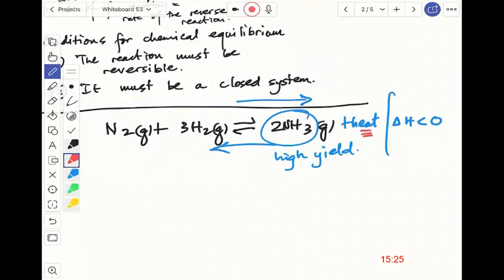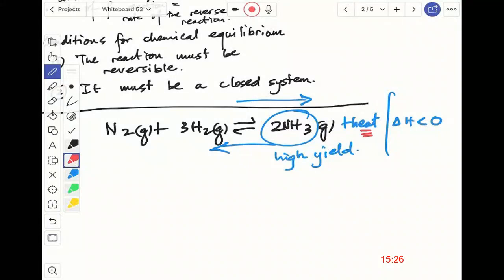And at a low temperature, I would have a low rate of reaction. So at a low temperature, for example, I would make a lot of ammonia because the forward reaction doesn't need heat, but the reverse reaction needs heat, so the reverse reaction is not happening as it should. So I would have a lot of ammonia.